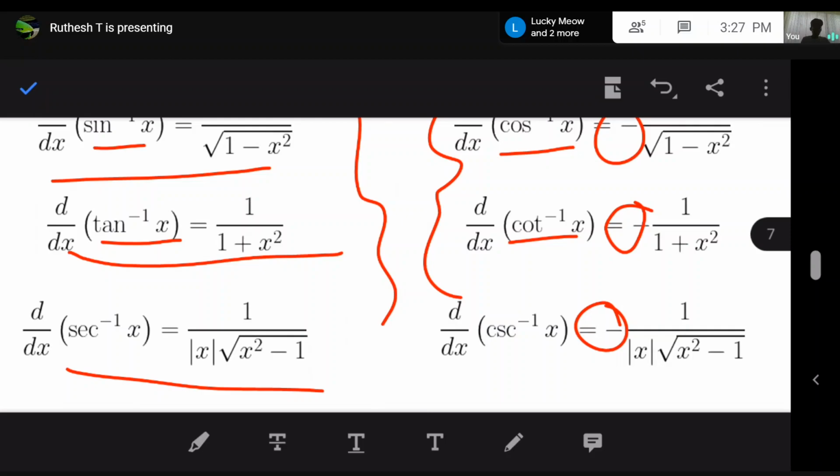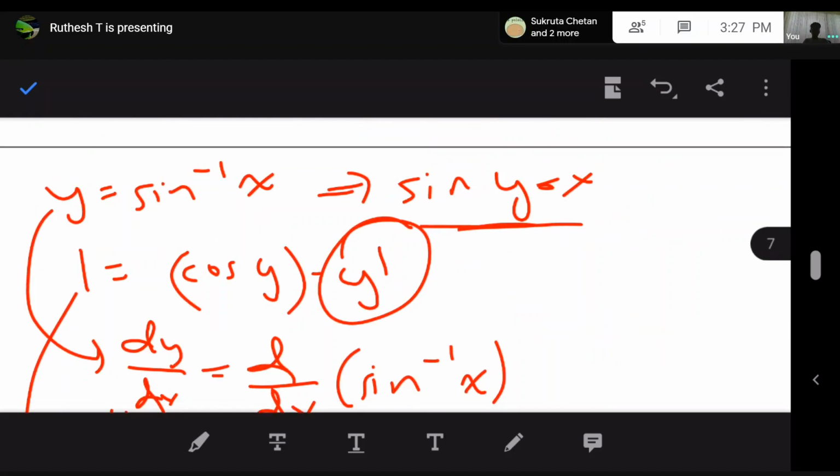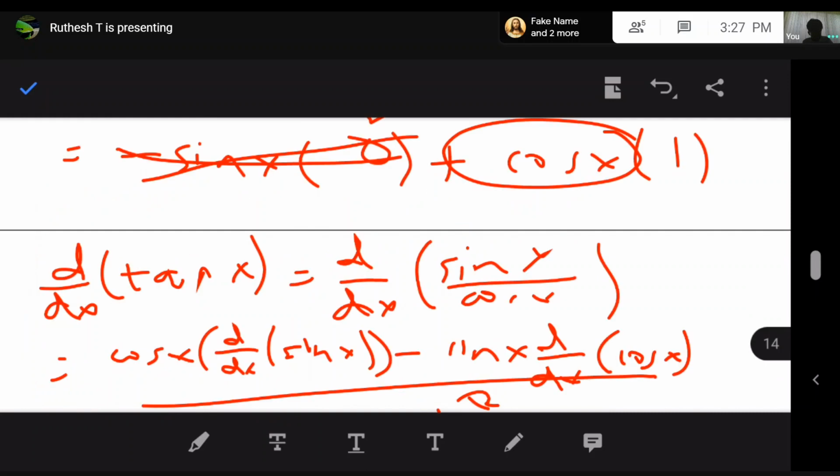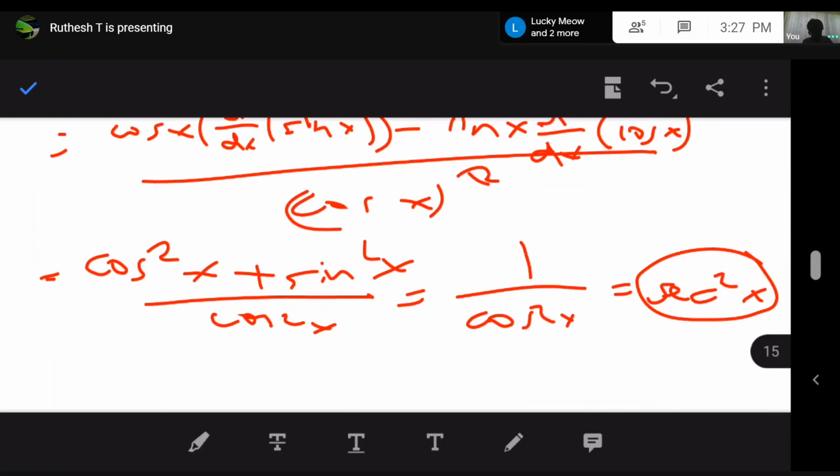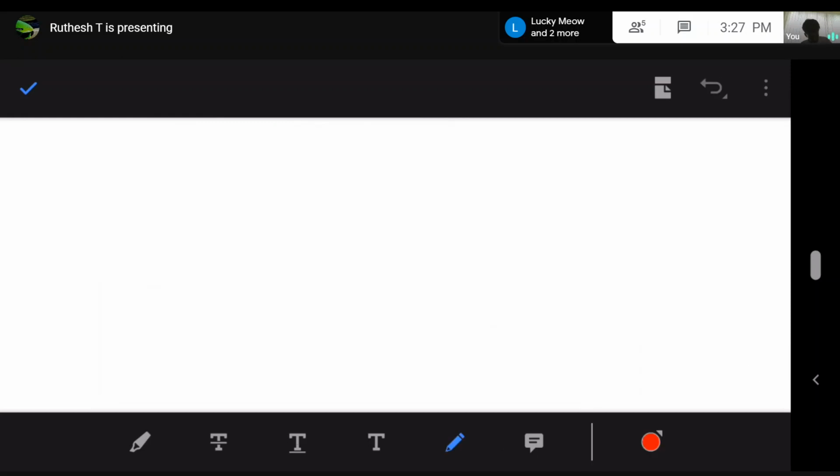So if you look at the graph of inverse sine, inverse cosine, and the other inverse trig functions, you realize that arc cosine is just pi over 2 minus sine inverse of x. And arc cotangent is pi over 2 minus arctan of x. And once you realize these relationships, it becomes much easier.